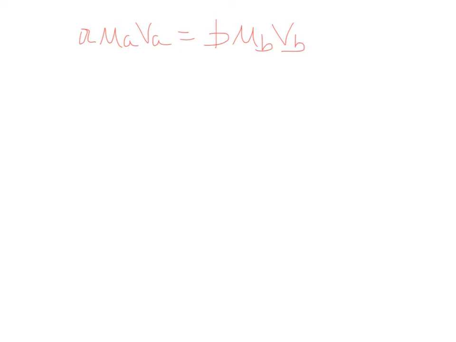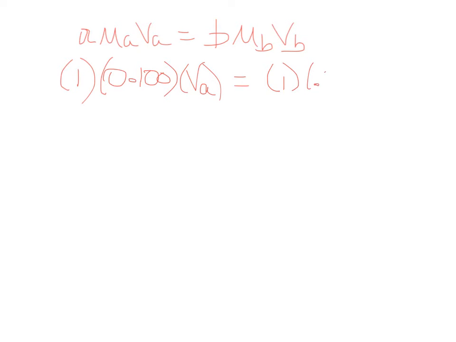HCl was our acid, and so little a is 1. HCl only has 1 hydrogen. The molarity of the acid is 0.100 molar, and we are trying to solve for the volume of acid needed to reach the equivalence point. B is 1.